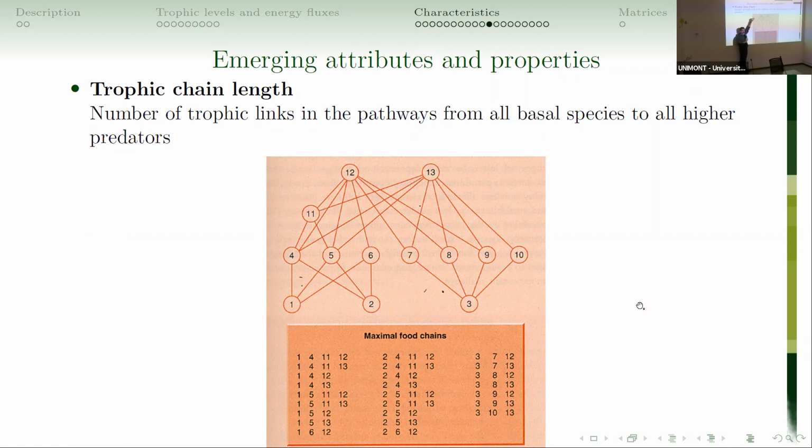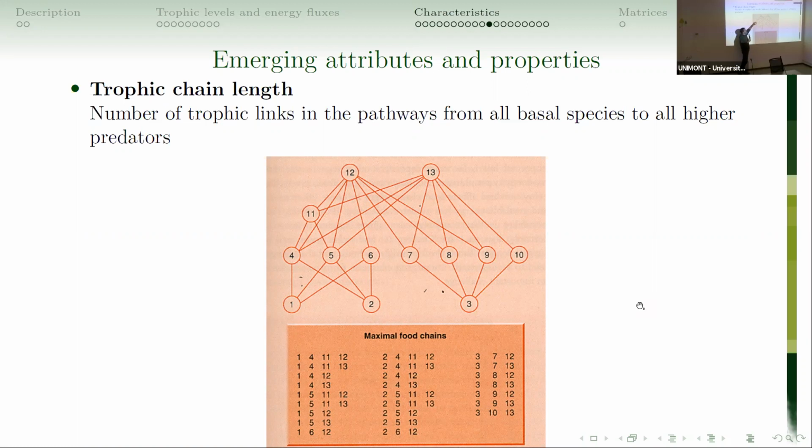Does it make sense? And more vertical for the same number of species and number of links means less stability, right? So the higher this trophic chain length, because remember that it's the number of links divided by the number of paths, if the number of paths is lower, the trophic chain length is higher.